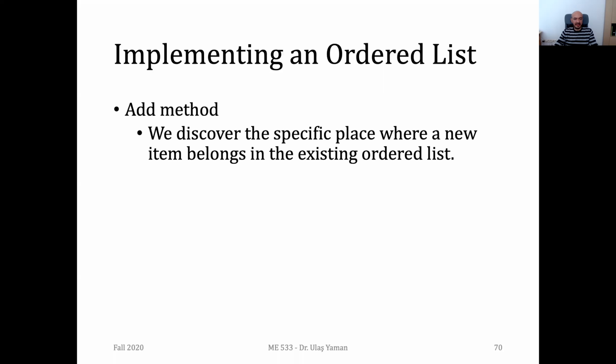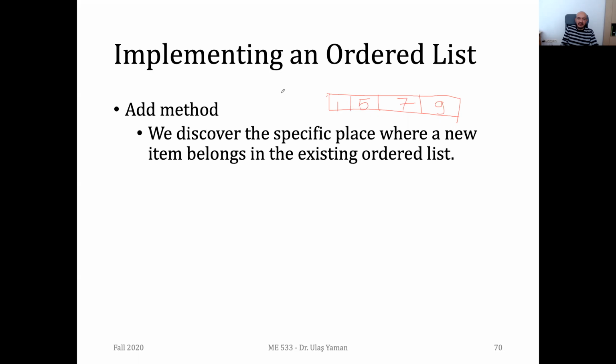So how do we do the adds? If you are going to add an item into your list, then you should be very careful, since this is an ordered list. Yes, you have 1, 5, 7, 9. So assume that you have 4 values in your ordered, ascending order list.